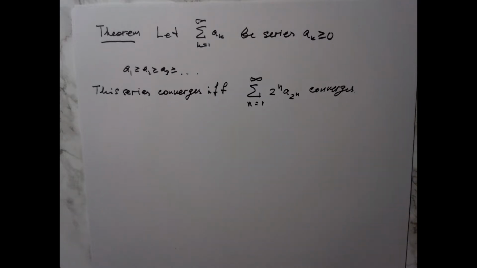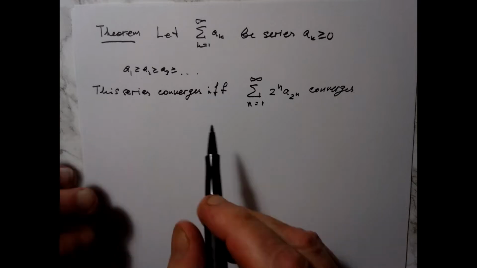In other words, I want to take just some of the a's, very few of them, a with subscript 2 to the n, multiplied by 2 to the n, and look at the convergence of this series. If this series converges, then the original series converges. If this series diverges, then the original series diverges.